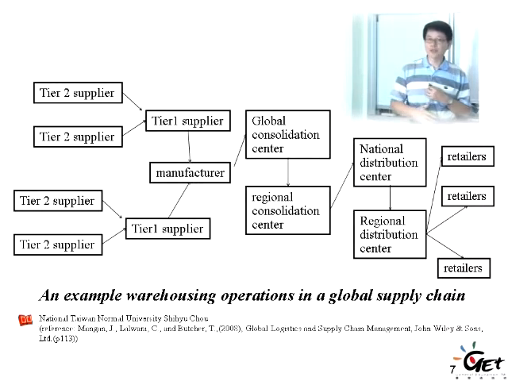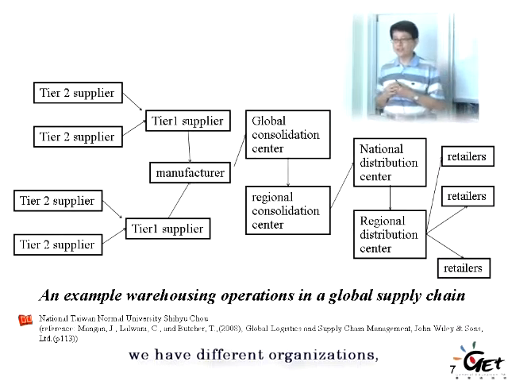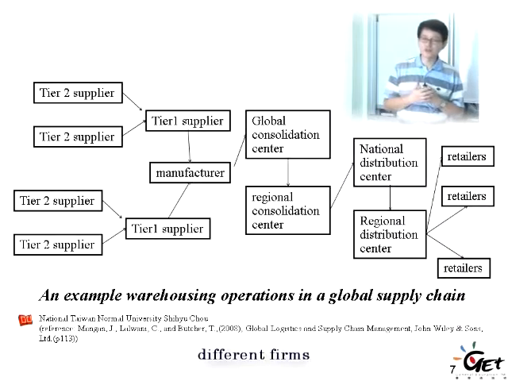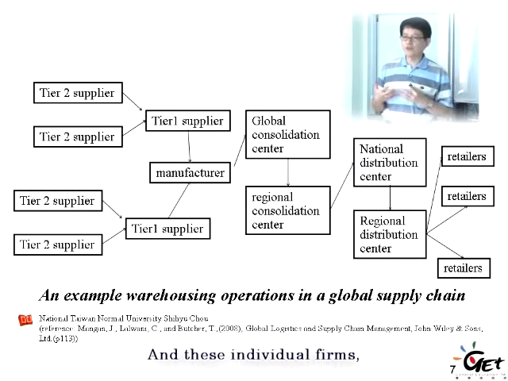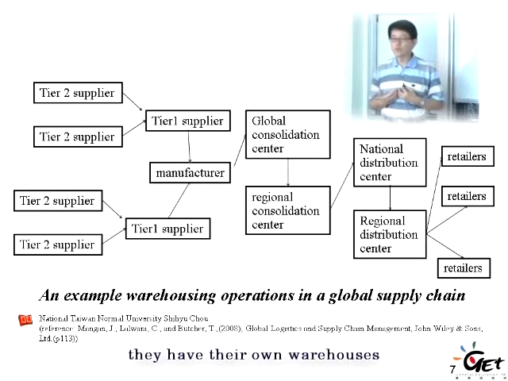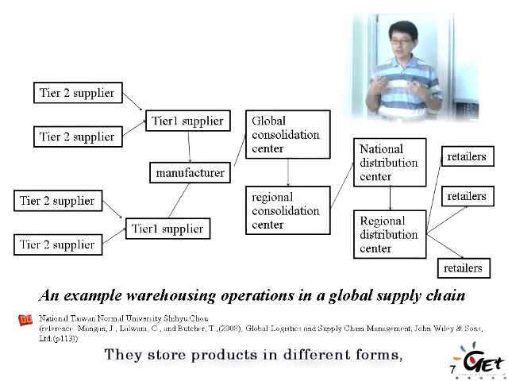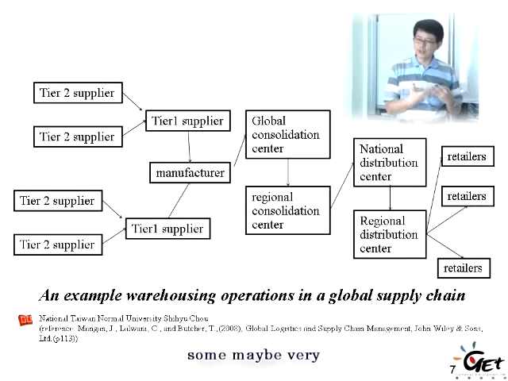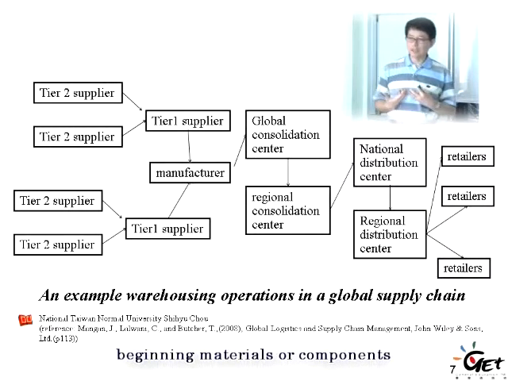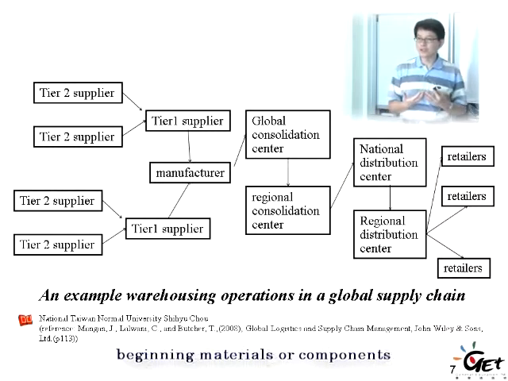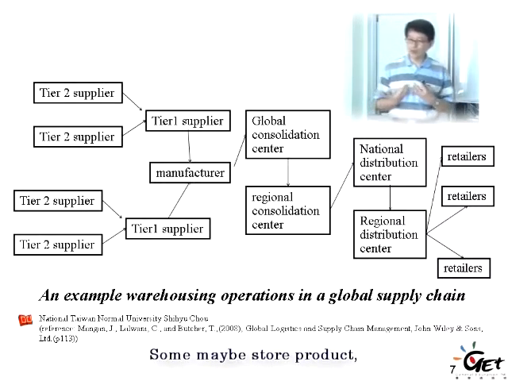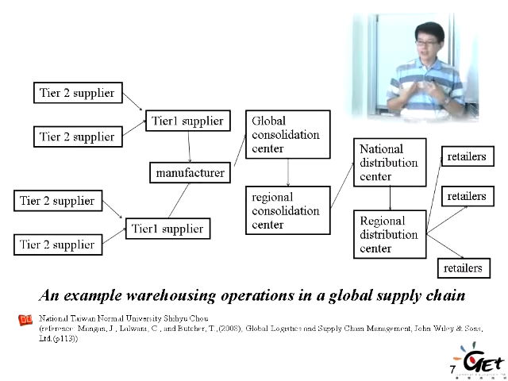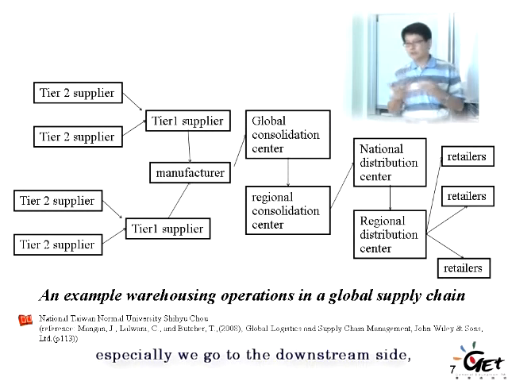So in the global supply chain, you can see we have, from the upstream to the downstream, different organizations, different firms, and these individual firms have their own warehouses, right? They store the products in different forms. Some may store the very beginning materials or components. Some may store the finished products, especially when we go to the downstream side.